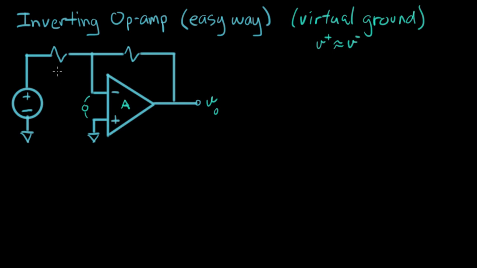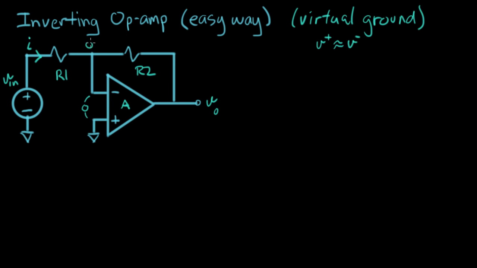Okay, so let's do the analysis again. This was R1 and this is R2. And we have a current flowing here called I. And we can write an expression for I. So the voltage on this side of the resistor is Vin. And the voltage on this side of the resistor is 0 volts.